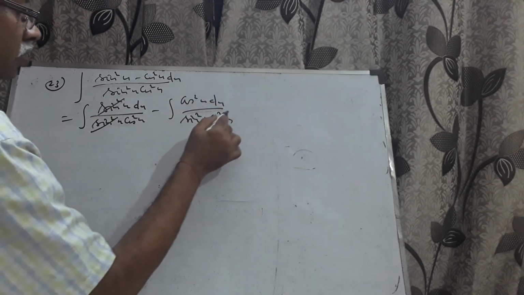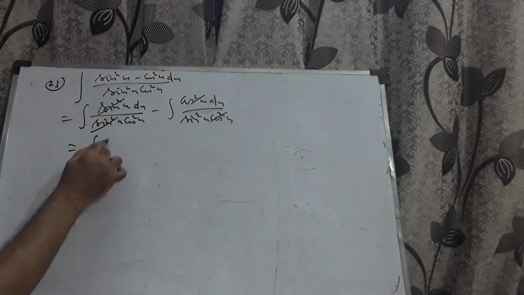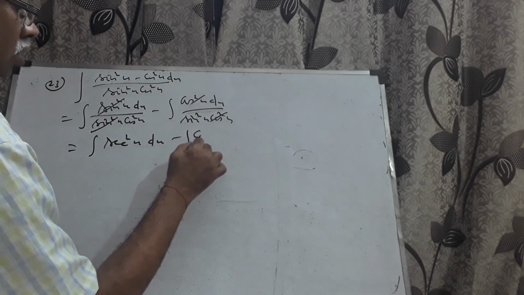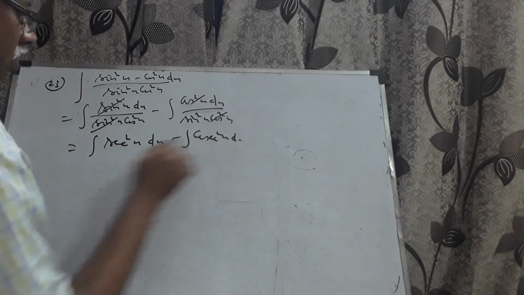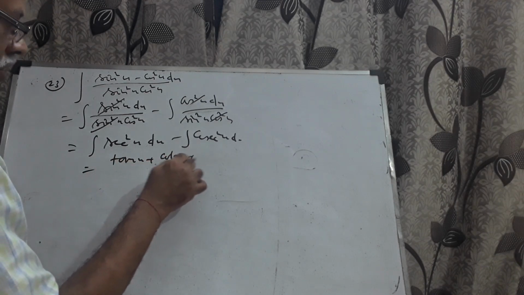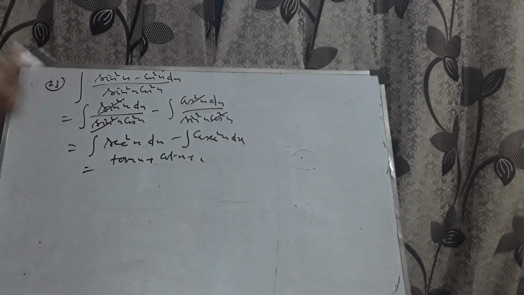Here sin square x is cancelled. Here cos square x is cancelled. Integral secant square x dx minus integral cosecant square x dx, which gets reduced to tan x plus cot x plus c, because derivative of tan x is secant square x, derivative of cot x is minus cosecant square x.